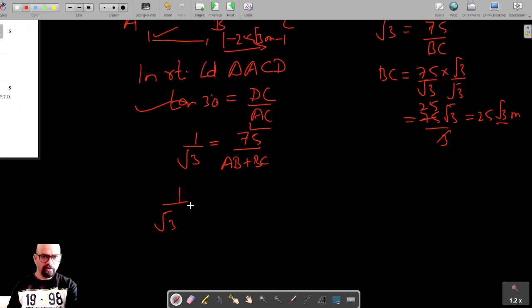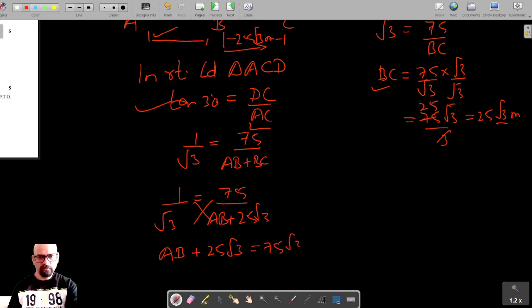So this is 1 by root 3 equals 75 over, and we know the length of BC, which is 25 root 3. And if we cross multiply, this is now AB plus 25 root 3 is equal to 75 root 3, which gives us AB is equal to 75 root 3 minus 25 root 3, which is equal to 50 root 3.